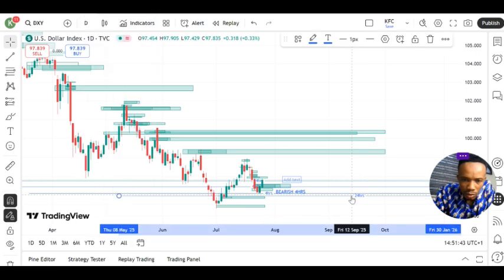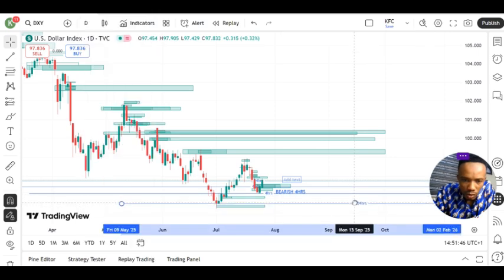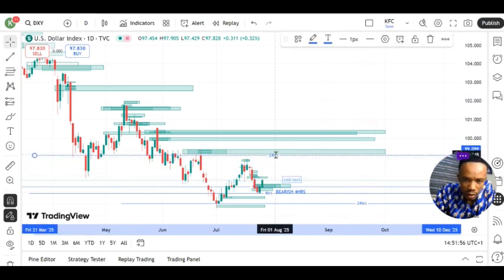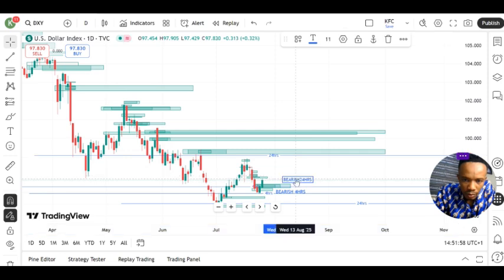So here is what I will be trading on 24-hour. This, and then this. So that's the reason why it looks bearish.